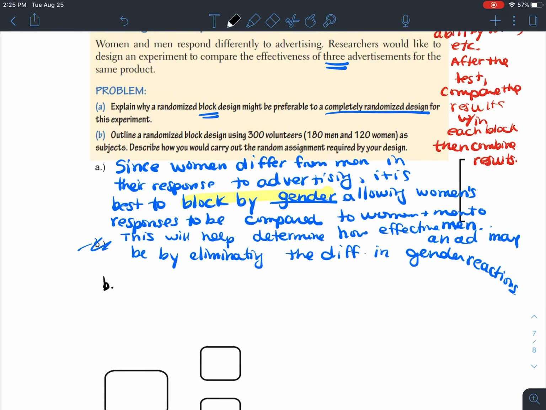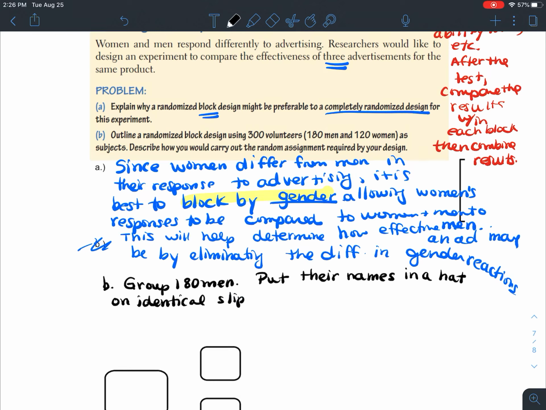You need to think that whatever you're going to write up for your plan, you could hand it to someone who maybe didn't know a lot about statistics and they could execute your plan. Okay, so we want to say that we're going to group 180 men. There's a variety of ways you could talk about getting them to split randomly into these 3 treatment groups for the 3 ads.